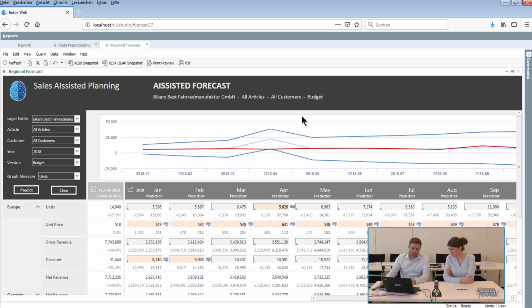But what was not taken into account by this planner is the spike in April. And we saw that. So we can adapt the forecast and put a little more into that.